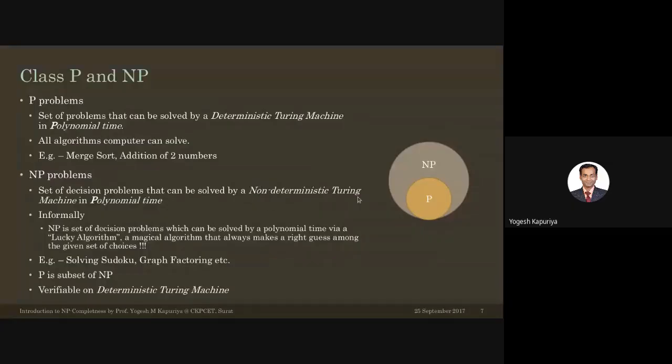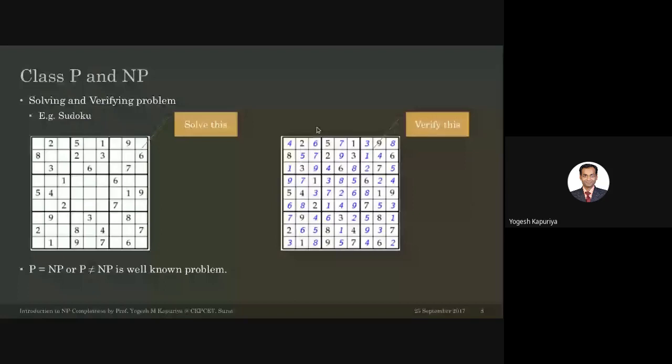The classical example is this. What do we mean by solving and verifying? Sudoku is a very well-known problem statement. Let's say you have this Sudoku, and the objective is to solve it. Interestingly, this is an NP problem. You can't have an algorithm which always gives you the answer. You may get the answer, but there is no guarantee every time.